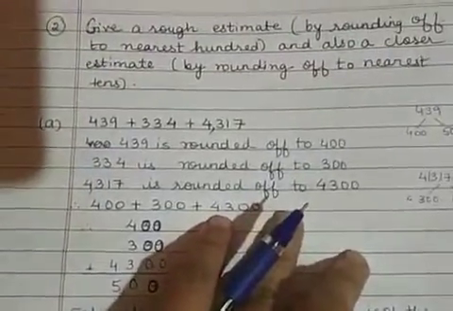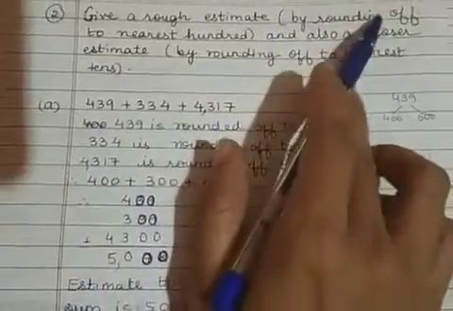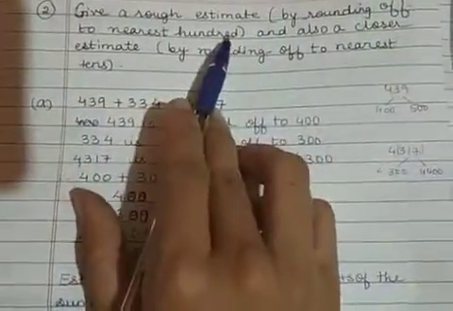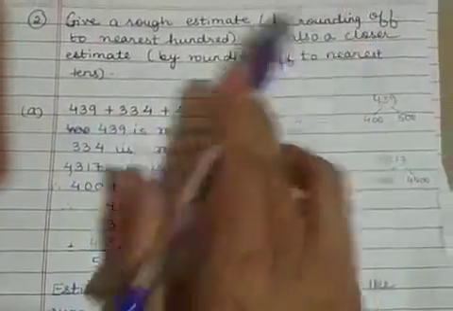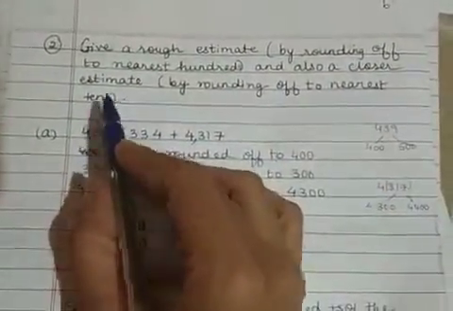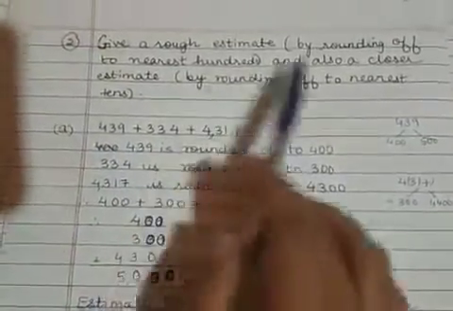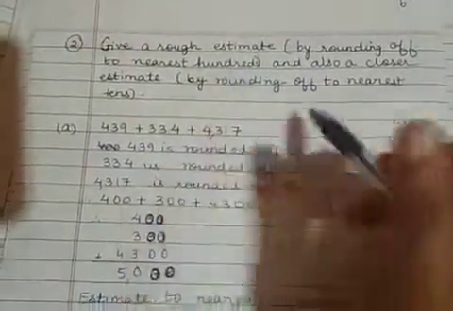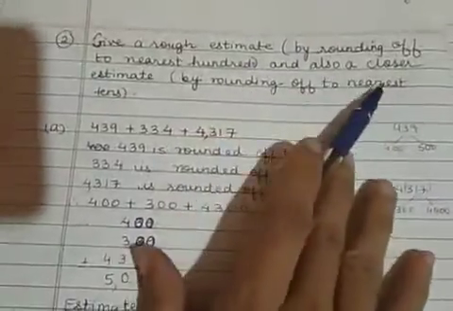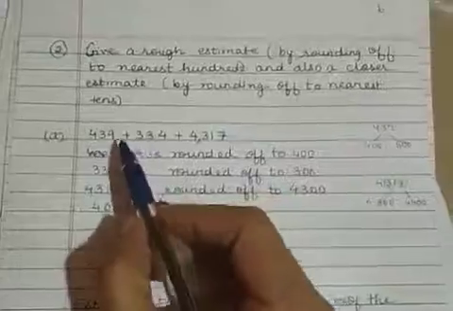Now let us take another example. Give a rough estimate by rounding off to nearest 100, and also a closer estimate by rounding off to nearest tens. So you are given the numbers, and first you have to round off to nearest hundreds, and then you have to round off to nearest tens. So first let us round it off to nearest hundreds.